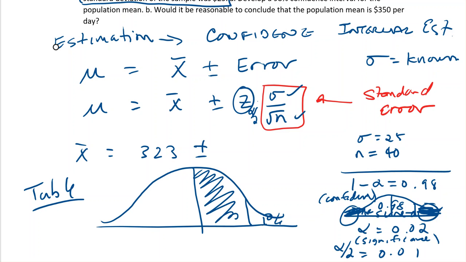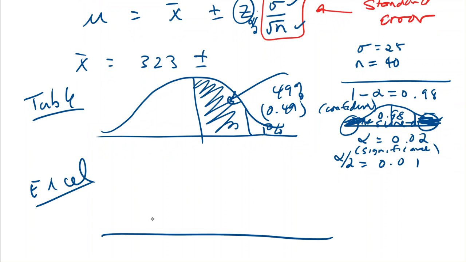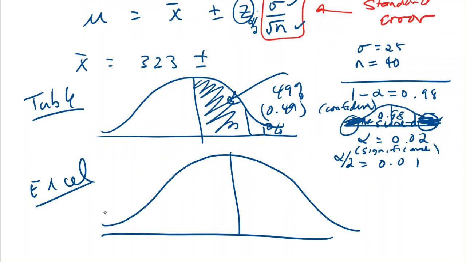So if that's 1%, you look up 0.49. Whereas if you use Excel, the Excel commands give you the area coming from the left going to the right. So if you type in 3 standard deviations, for example, you're going to get 99.99%. So I'm looking for 1% here, and that's what you would use for Excel.